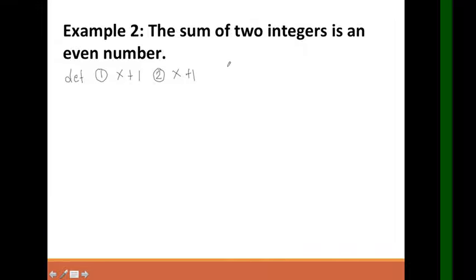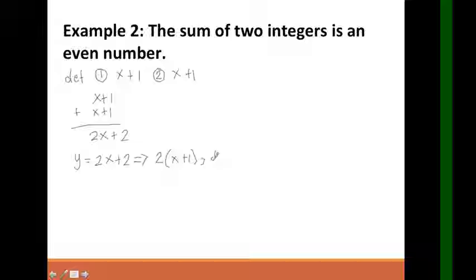If we add x plus 1 plus x plus 1, we will have 2x plus 2. Let's say that this is y equals 2x plus 2, and this is equivalent to 2 quantity x plus 1.